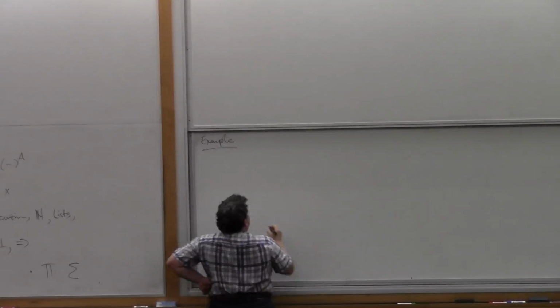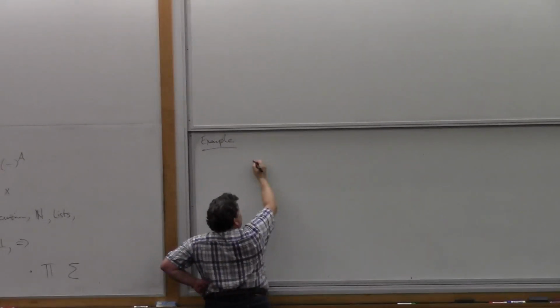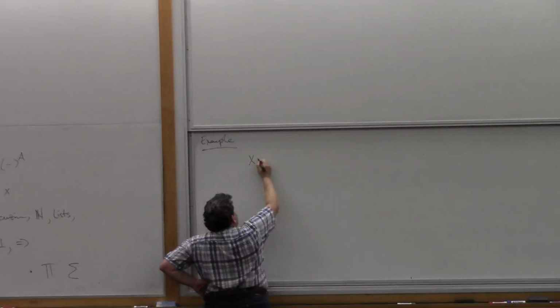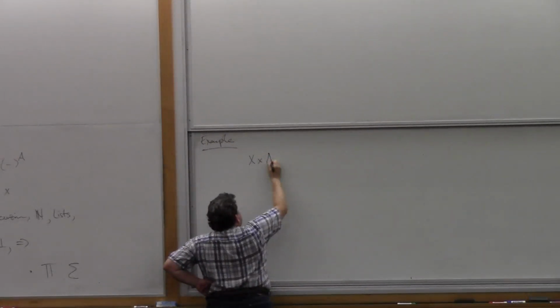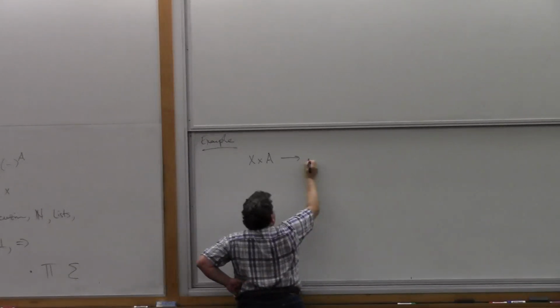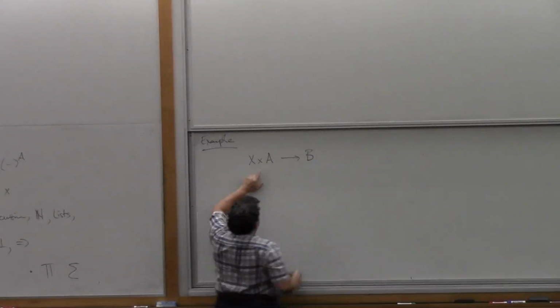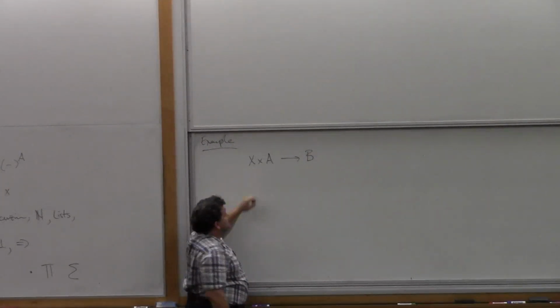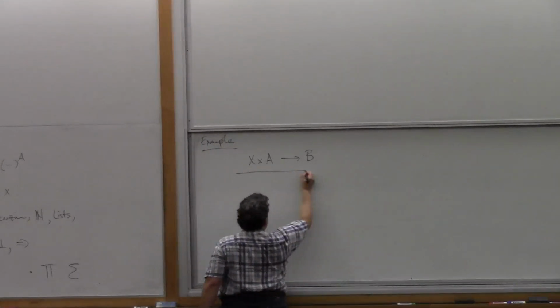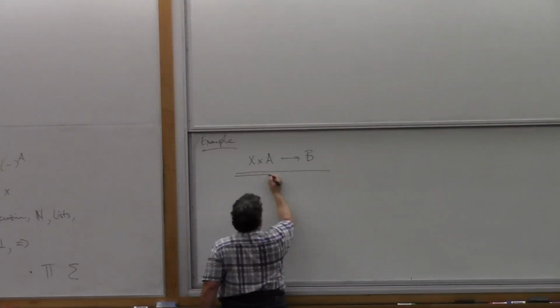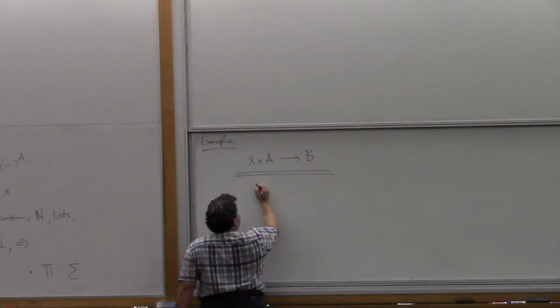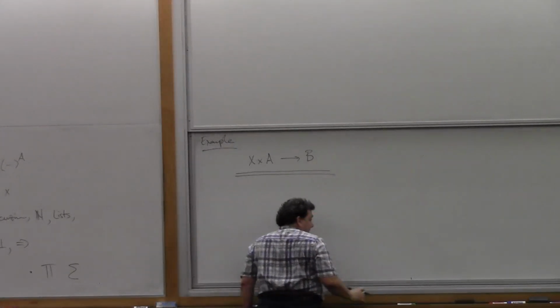So we saw that when we have products and exponentials in a Cartesian closed category, there's a bijection between things of this kind, that is, arrows out of a product, and things of this kind.